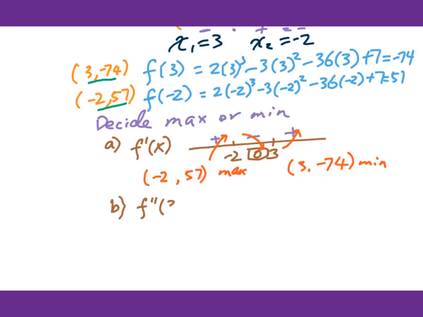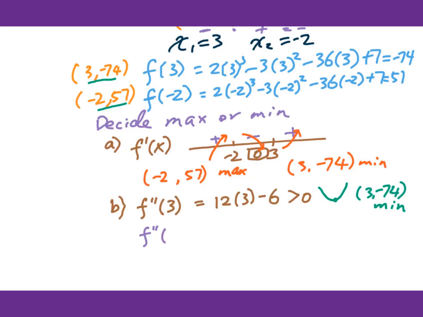We plug 3 into the second derivative, you will get 12 times 3 minus 6. This is greater than 0, which means it's concave up. Therefore, (3, -74) is a minimum value.